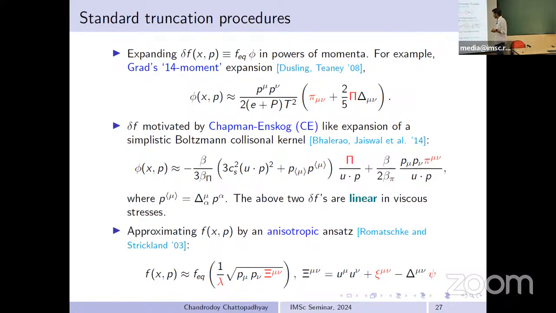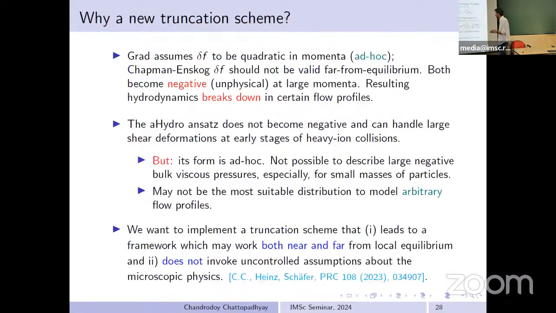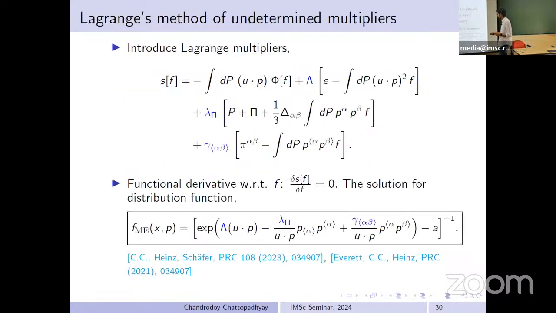All it says is that in the near equilibrium limit, this process of truncation using maximum entropy will reduce to whatever second order hydrodynamics I've been talking about from a different approach.